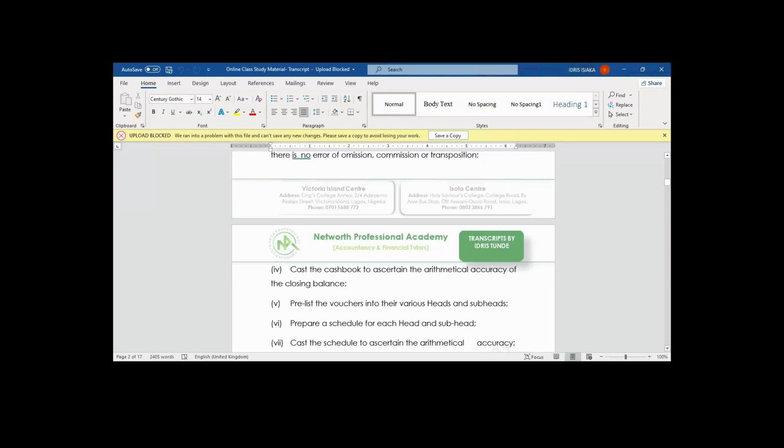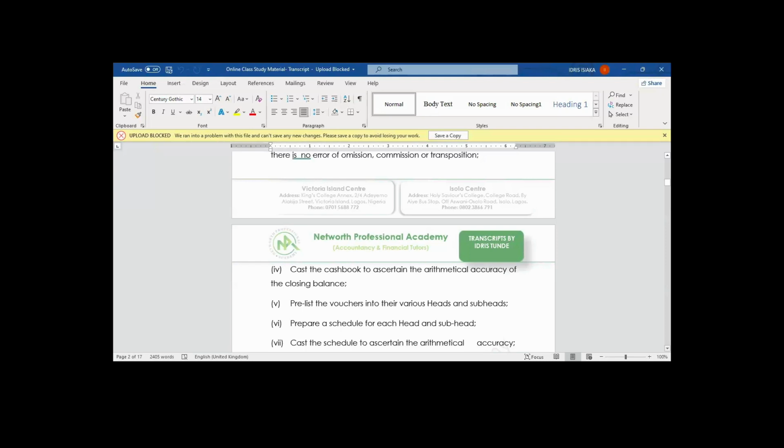You want to ensure that each of the line item figures, when you add them up, tally with the total. That's the meaning of cast.